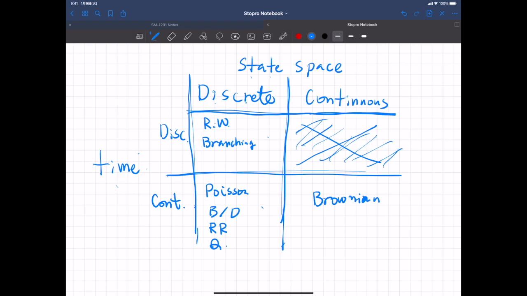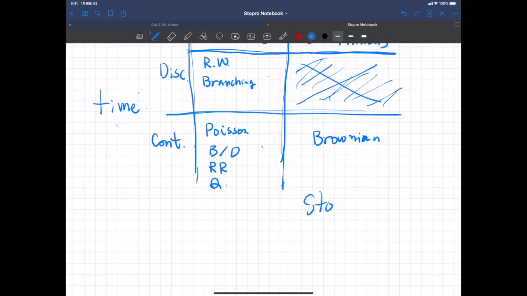Anyway, dealing with continuous state space requires a whole new kind of calculus, which is called stochastic calculus. This is the equivalent of ordinary calculus, like differentiation and integration, but instead of continuous or smooth functions, we deal with random functions, some kind of random motions, which is not straightforward.